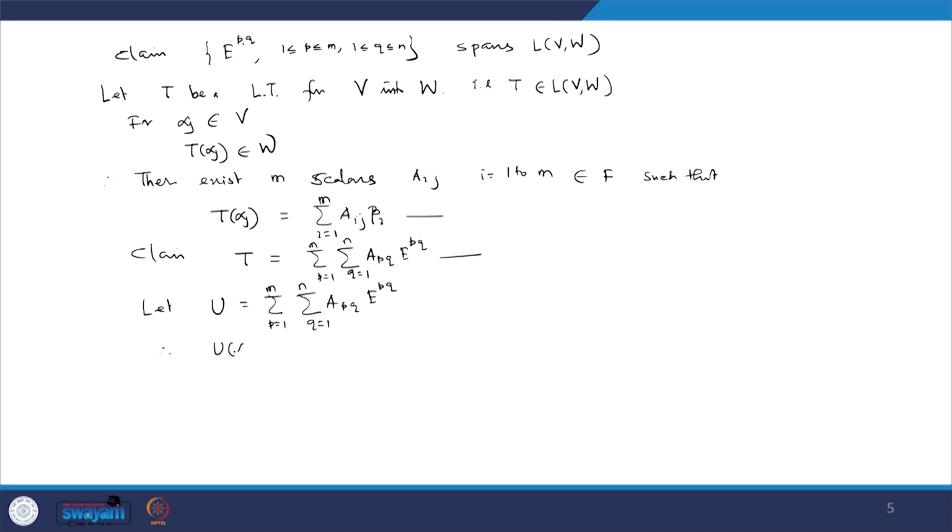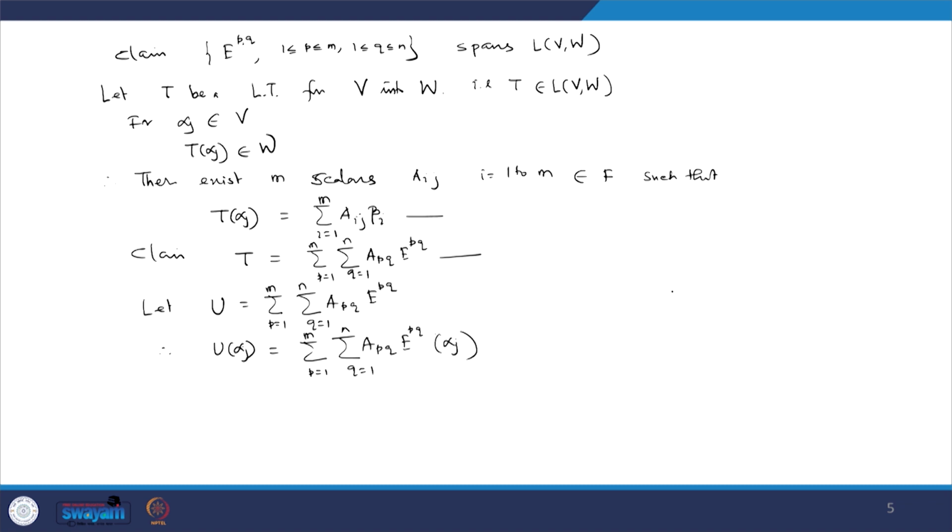Now, if I see the image of alpha j under U, U of alpha j will be equal to the sum of APQ EPQ operating on alpha j.